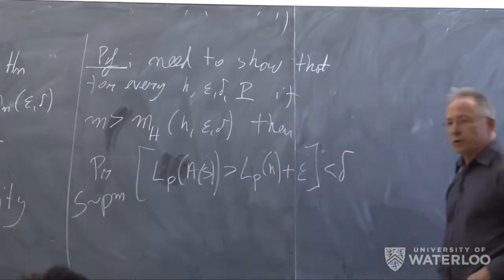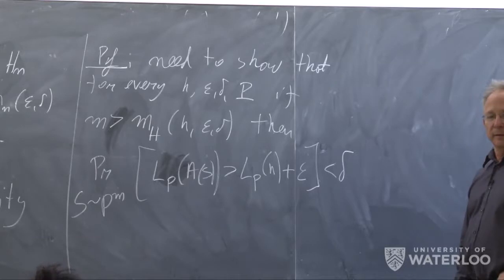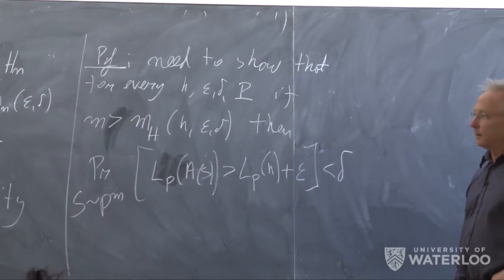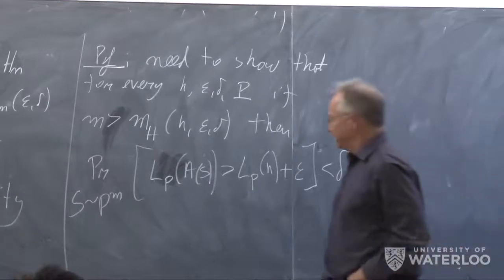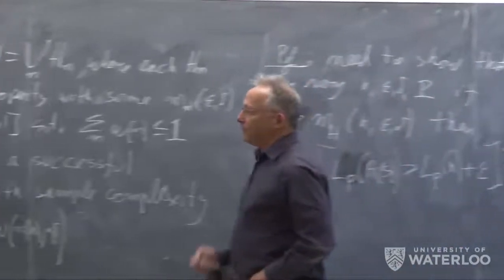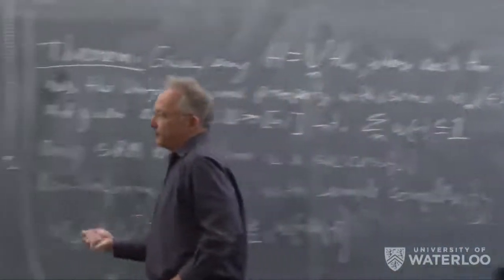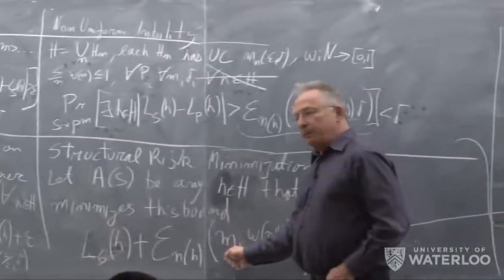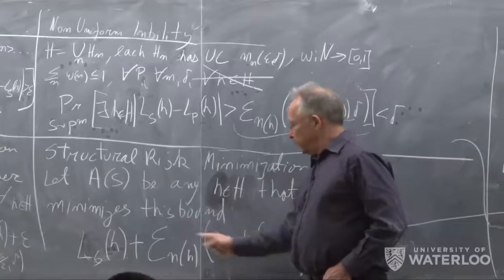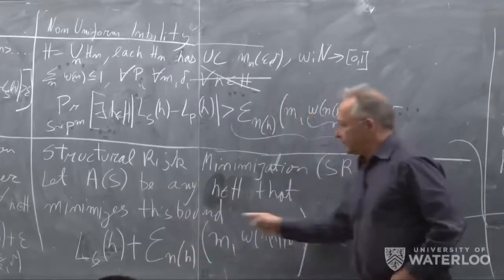So that's what I have to show. And the only thing I have to make sure is that when I put here the sample size that I picked, what I will get here is epsilon half.